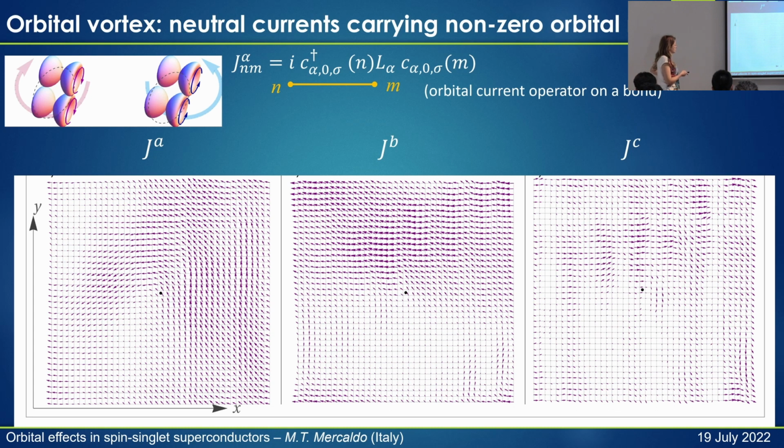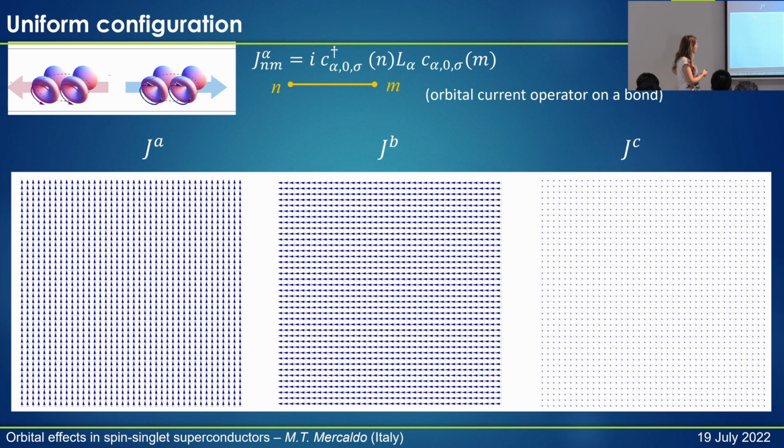We see that in the vortex phase we have a certain winding, which reveals the presence of this vortex phase. And this out-of-plane component, J_C, which is J_Z if we want to write in terms of X, Y, Z, is not 0, while in the uniform case we have a uniform current and this is totally 0.